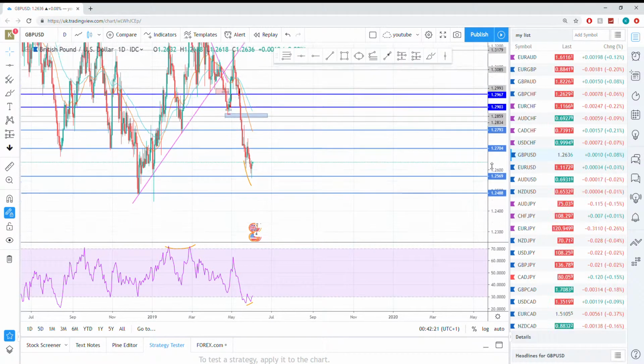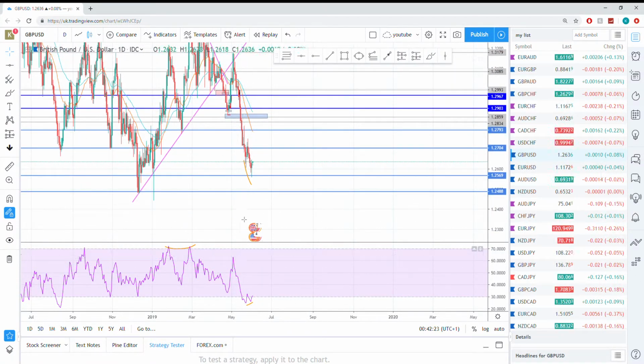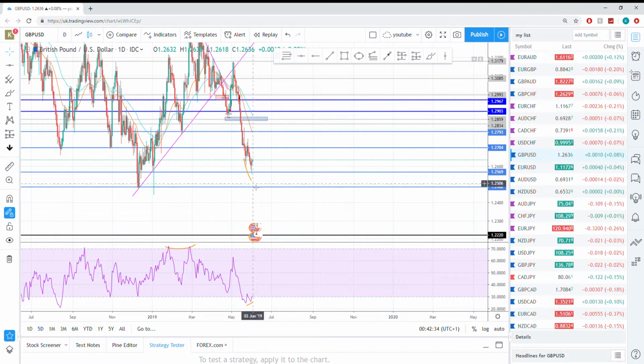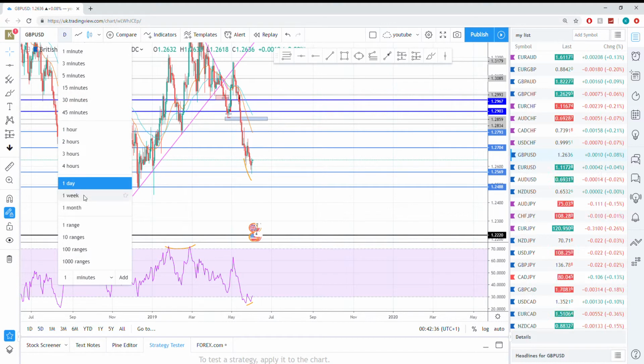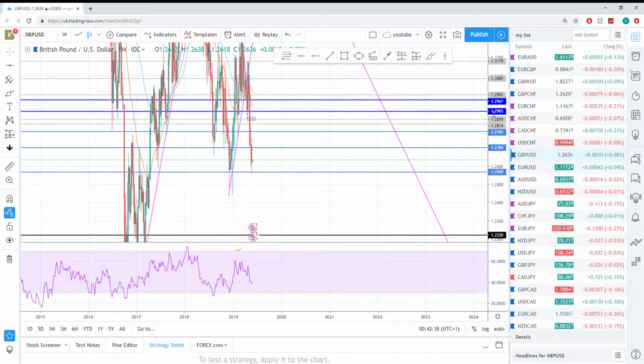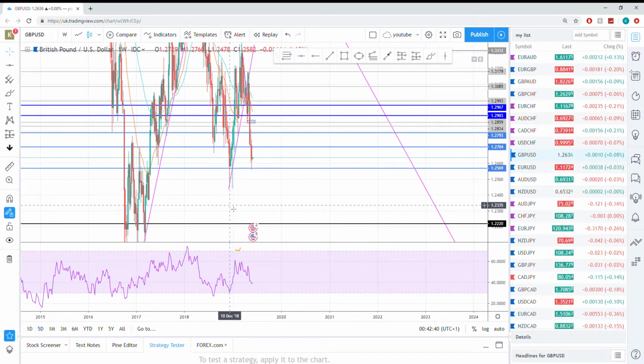Looking at the daily again, we started to reach the oversold conditions on the RSI, and I believe we could find some sort of support. If we take it back a little bit further, we can see that the last time we got into this area was December of 2018.